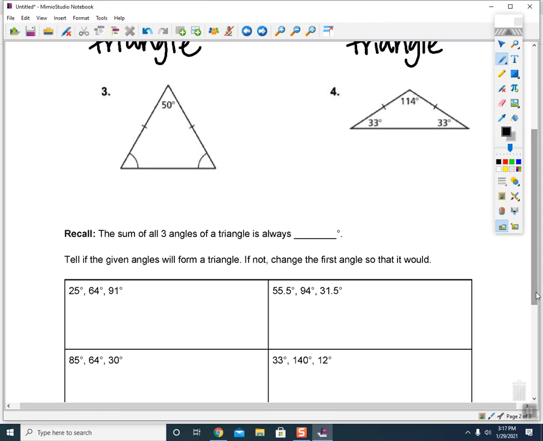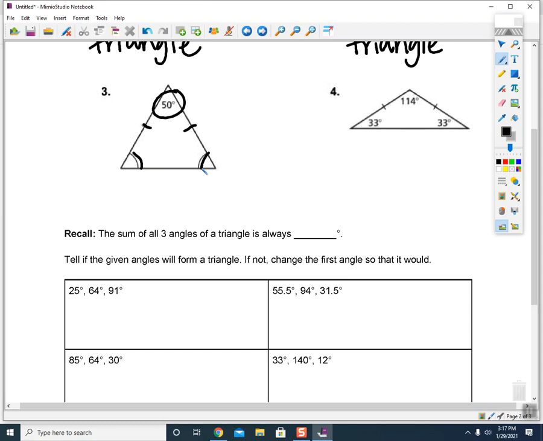Okay, now I can see that these two are the same, so I know for sure it's going to be isosceles. Here's what I want to figure out though, is I have 50 degrees up here. These two here means that I am having the same angle measurement down here. So I want to figure out what each of these angles are. So I have 50 degrees.